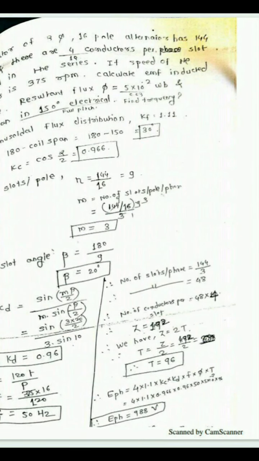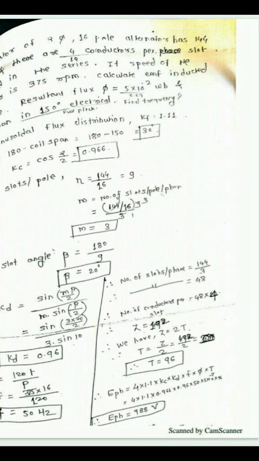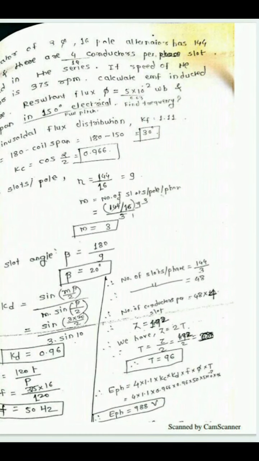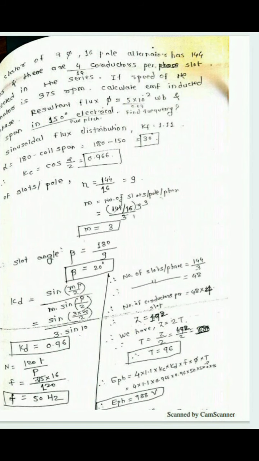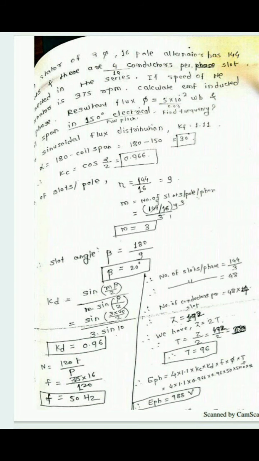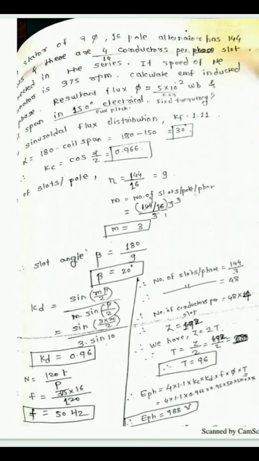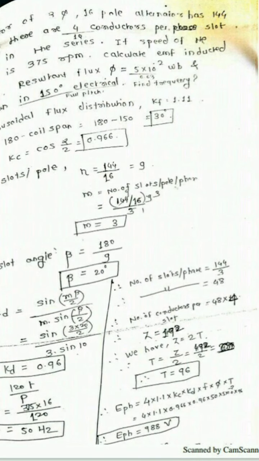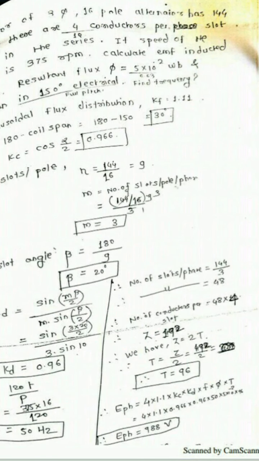For finding the number of conductors per phase, multiply these 48 slots by 4, because there are 4 conductors per slot. That gives the total number of conductors per phase, Z, equal to 192.